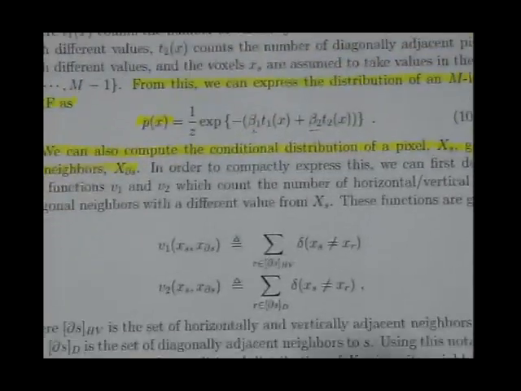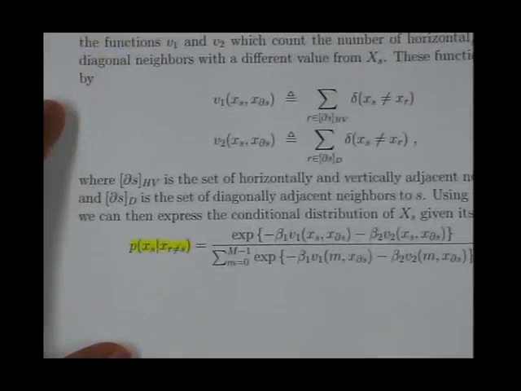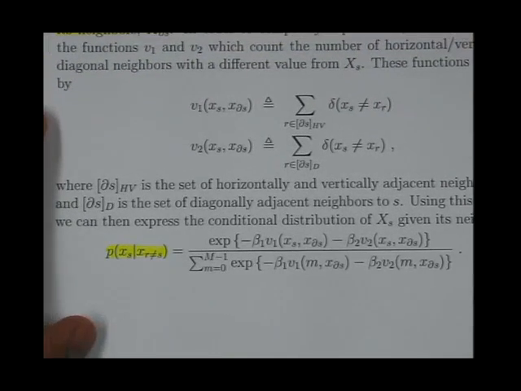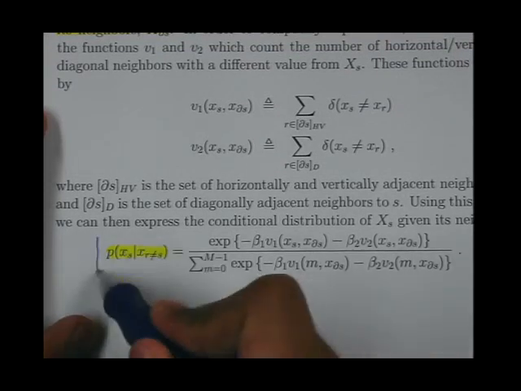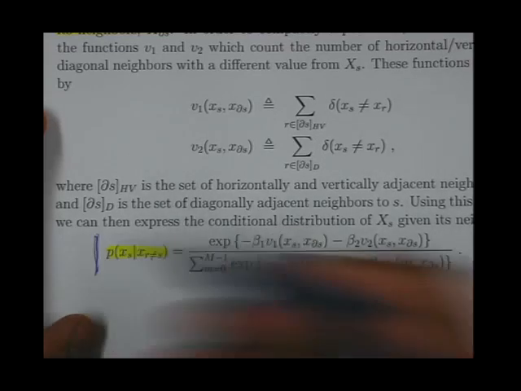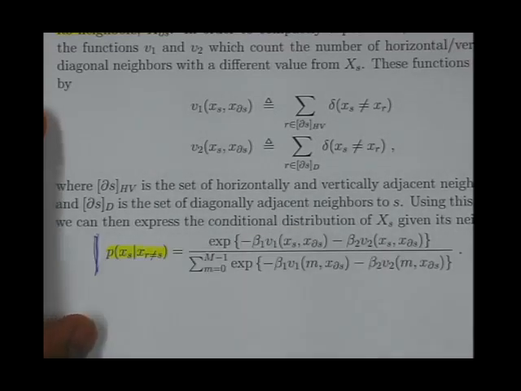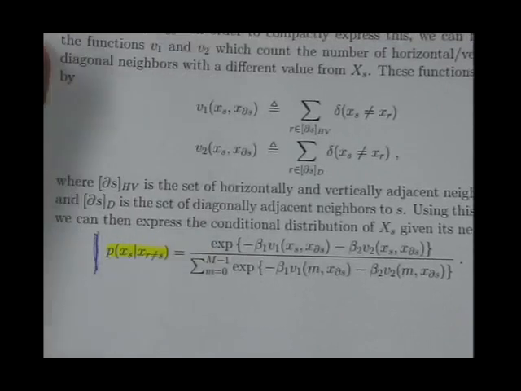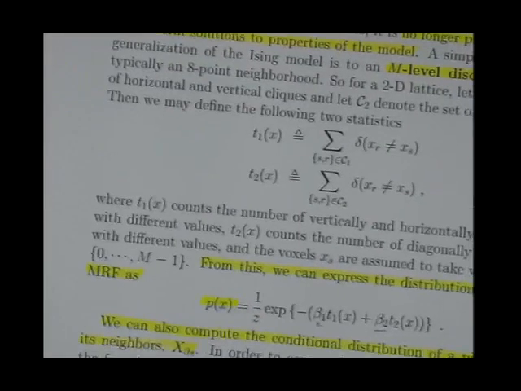The reason this expression is given here is that when you use it as a model for images and do some kind of optimization or estimation, you often need to compute this term. So this is a formal expression for that in the case of an n-level discrete Markov random field, Ising model. That was just a review of what we did last time.